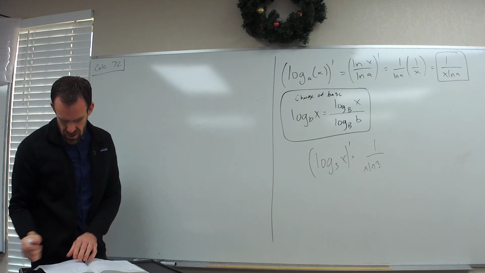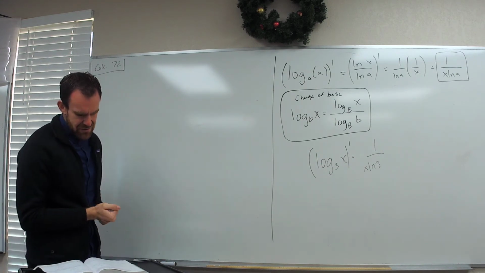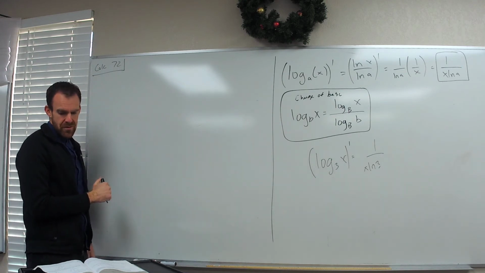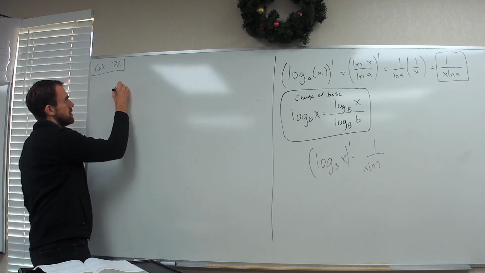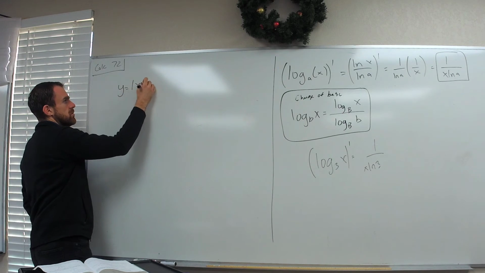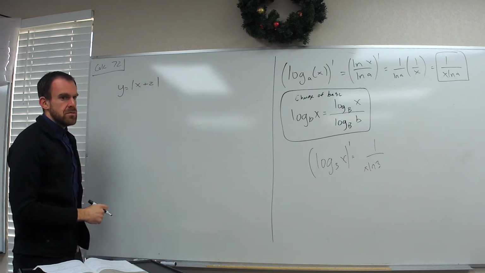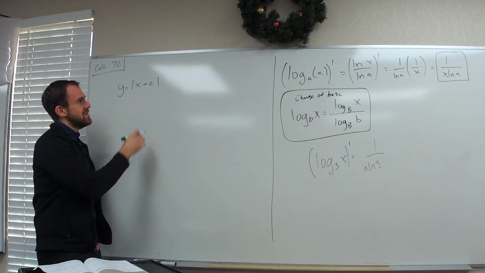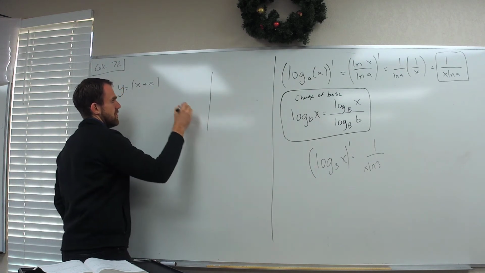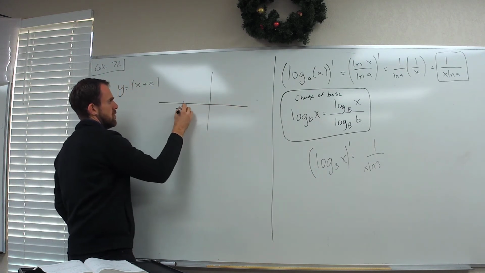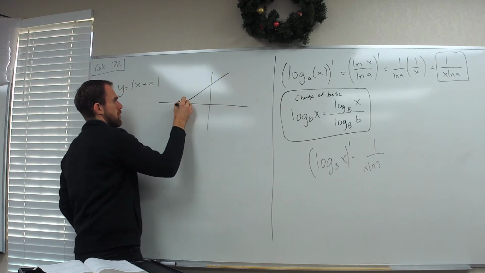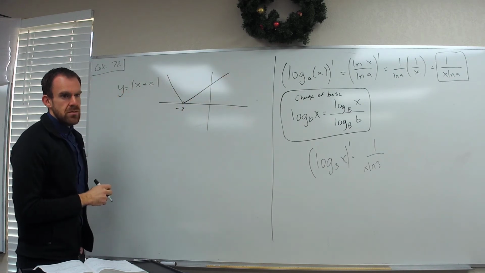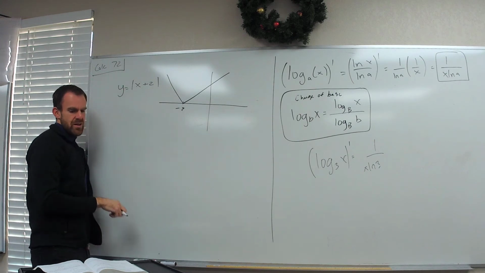Okay. Last one. How do I take the derivative of the absolute value of a function? This is tricky. Why? Because this function looks like this. So for this part, the slope is what?